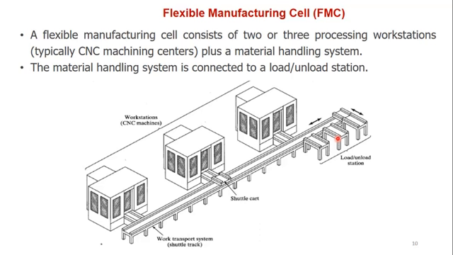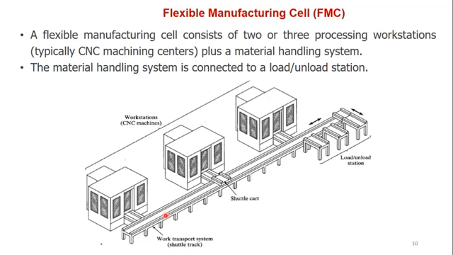FMC, the flexible manufacturing cell, consists of 2 or 3 processing workstations plus a material handling device. The material handling system is connected to loading and unloading. This type of sequential system works when we have to do operations in a sequence. For example, the first machine may be a CNC turning machine, then a CNC drilling machine, and then a vertical milling machine.